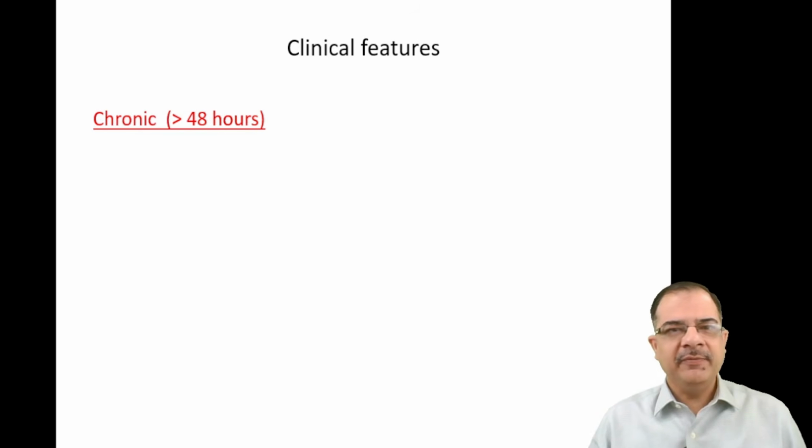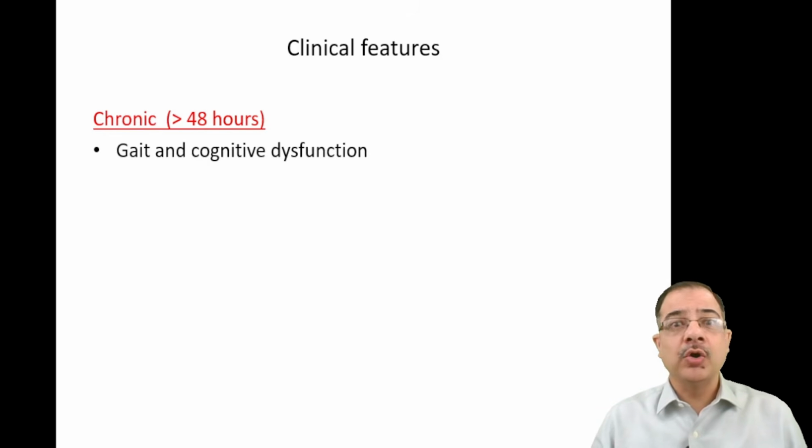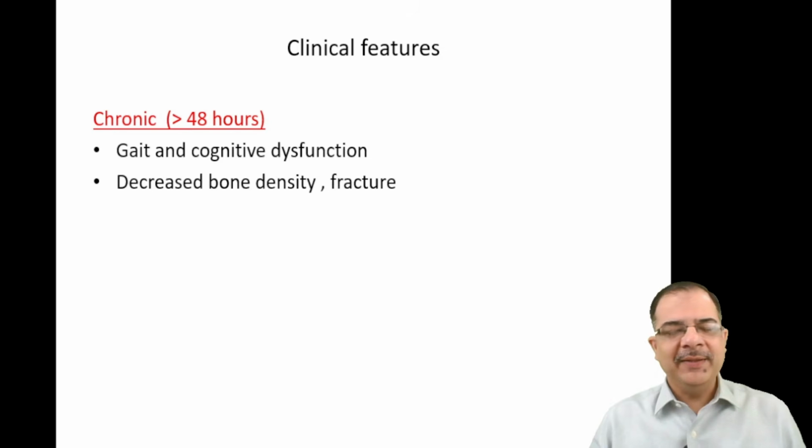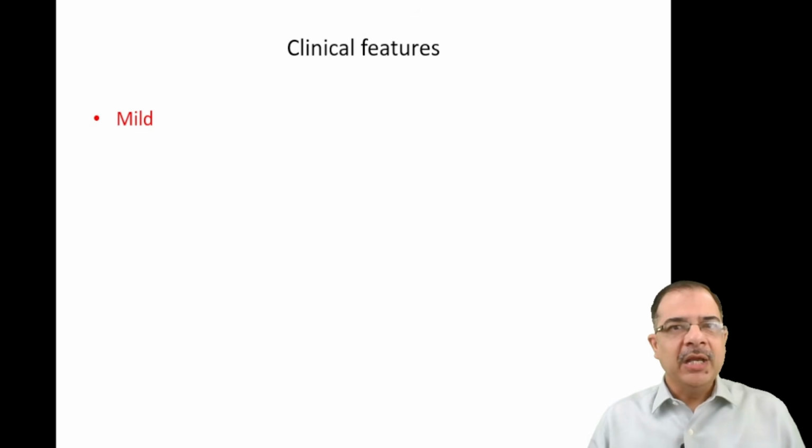If it develops chronically, chronic meaning after 48 hours, there will be gait disturbance or cognitive disturbance, and in the long run bone fractures, because it reduces the bone density and there are more chances of fracture.